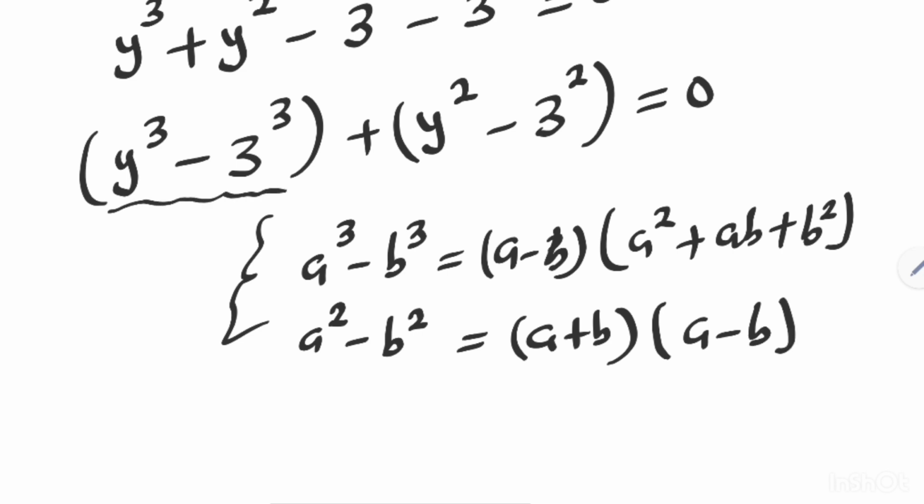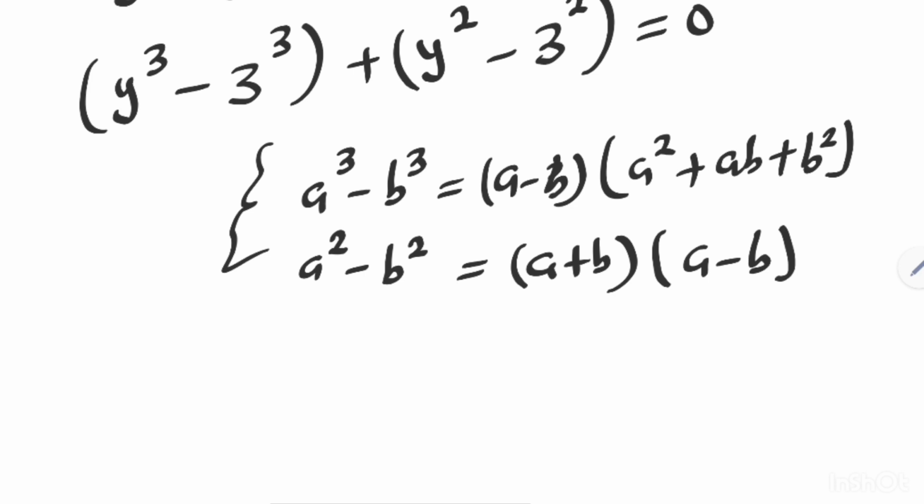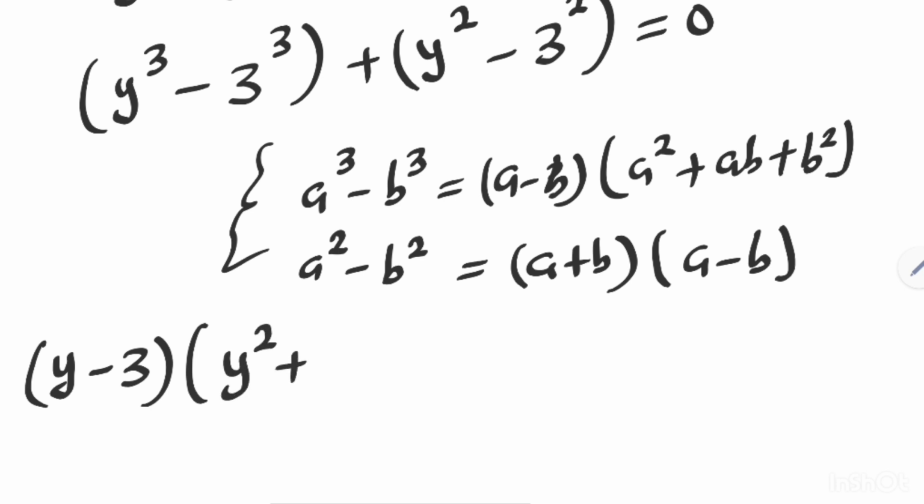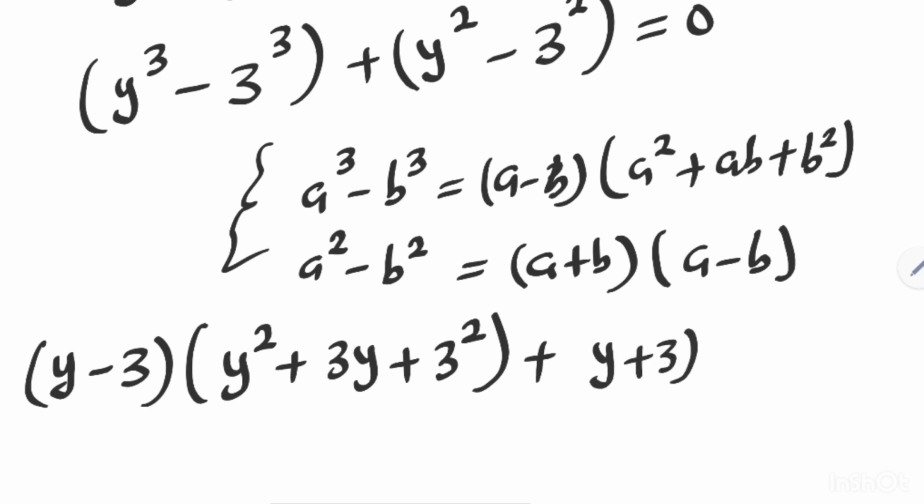Then the whole of this can be written as y minus 3 bracket y squared plus 3y plus 3 squared bracket plus y plus 3 bracket y minus 3 is equal to 0.